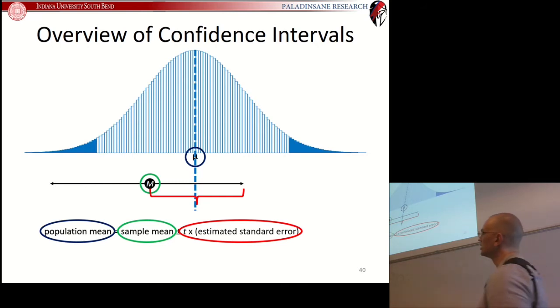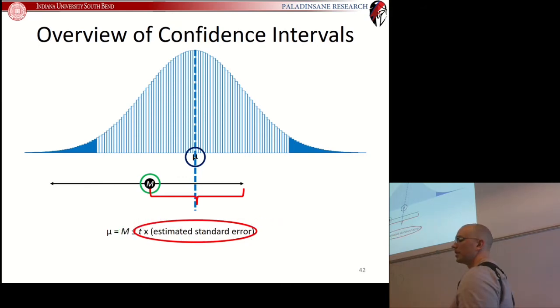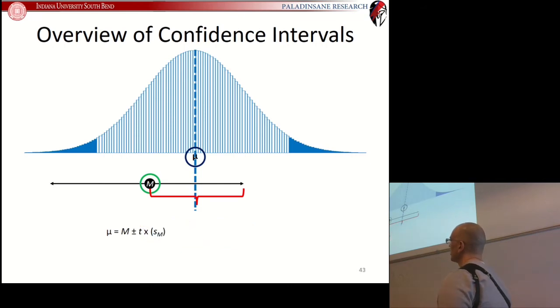So again, we have the population mean, what we're trying to estimate. That equals your sample mean, the mean from your sample, plus or minus the critical t statistic multiplied by your estimated standard error. And it's this critical t statistic that makes your interval bigger or smaller.